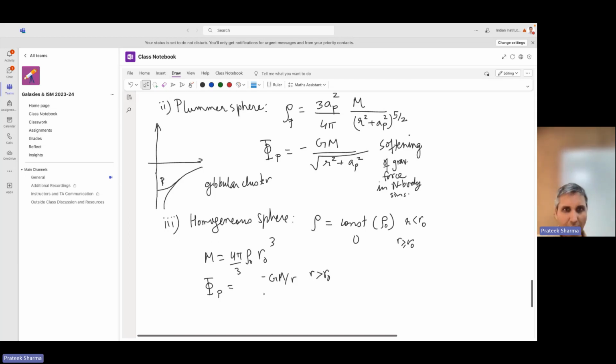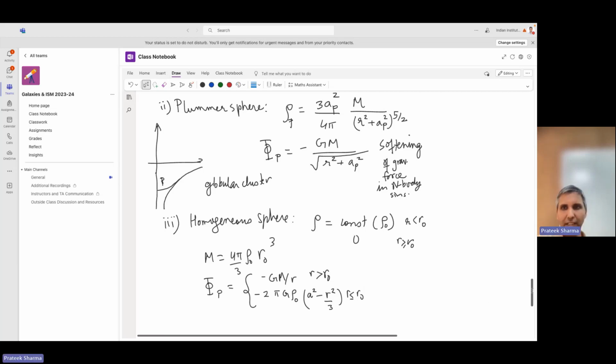And this is equal to minus 2 pi G rho naught times r naught squared minus r squared by 3 for r less than r naught. Right, so potential should be continuous, which you can actually see. Here, this is written in terms of M, this is written in terms of rho naught. So potential has to be continuous everywhere, and it satisfies the Poisson equation.